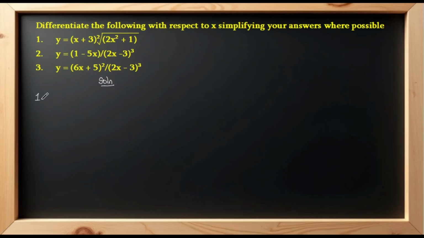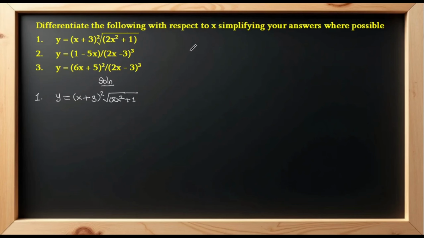Now for number 1, we have y equals (x plus 3) squared times the square root of 2x squared plus 1.